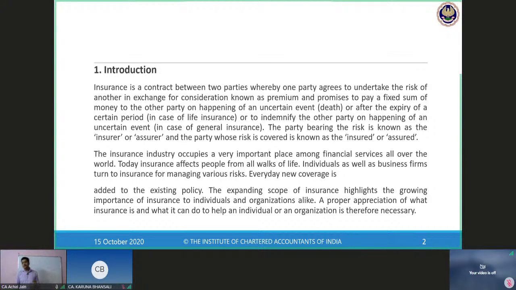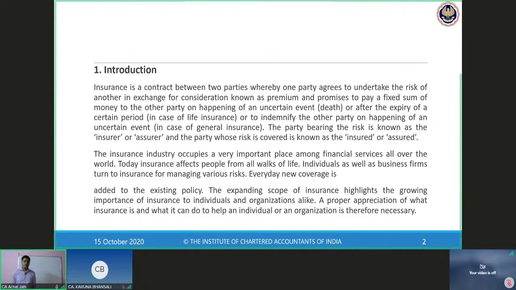So let's understand about the insurance. Though we all know about insurance, but still let's try to have some brief understanding about the insurance, and then we'll get into the further details around the audit procedures around all of these insurance companies. So what is insurance?